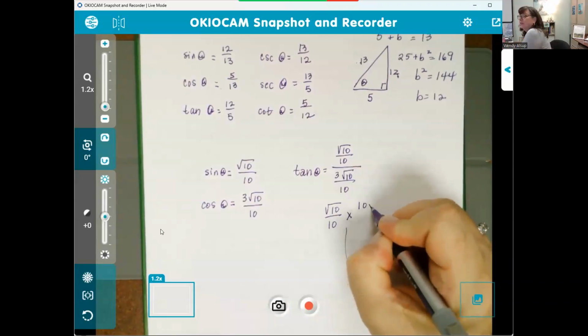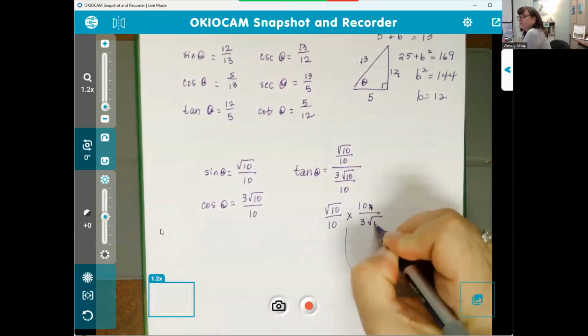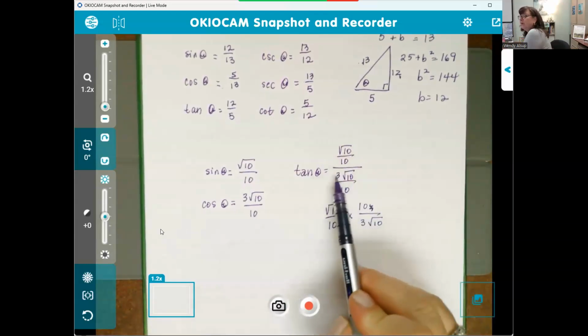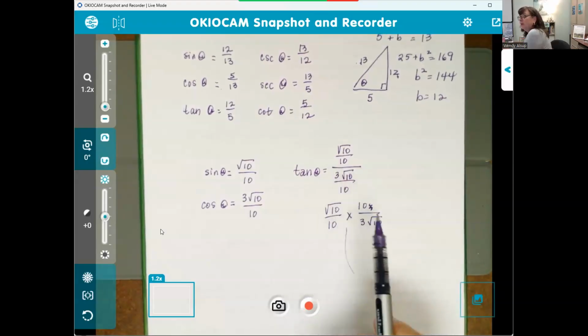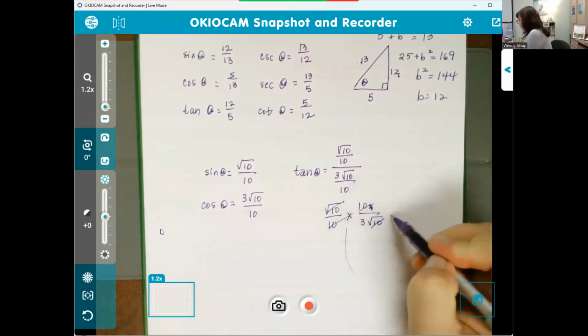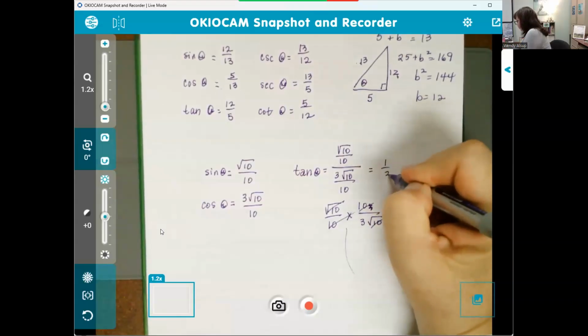So root 10 over 10 divided by 3 root 10 over 10 is root 10 over 10 times the reciprocal, 10 over 3 root 10. Is that coming back to you? And then that simplifies super easy as just 1/3. So the tangent is just 1/3.